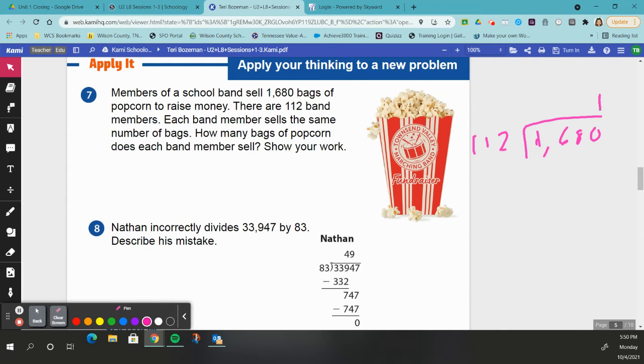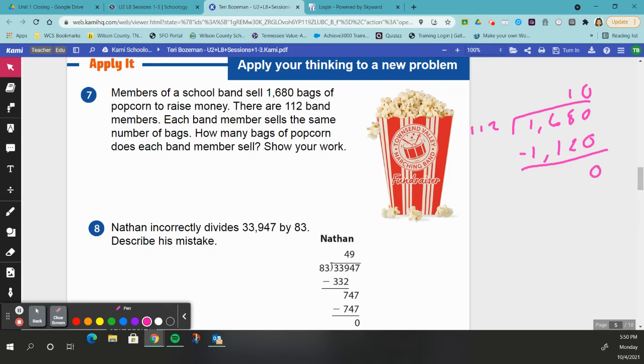If we do that, well, I'm sorry, we don't want to times 1. We want to times 10. All right. If we do that, then we get 1,120. We subtract that.